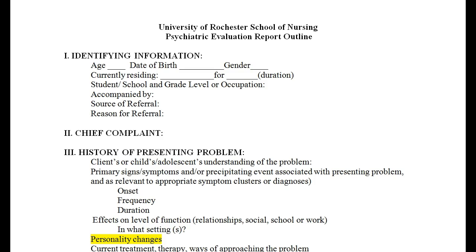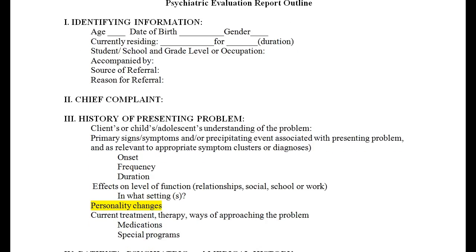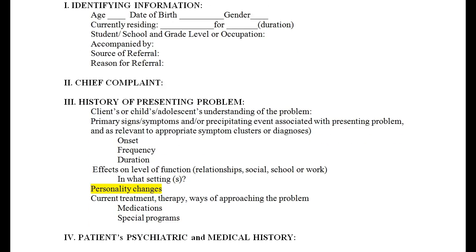You really just want to relate the history to what is happening today. And important also to not repeat yourself too much within the evaluation. Okay, you want to keep this succinct because you want people to be able to read fairly quickly and understand what you have to say about the patient.